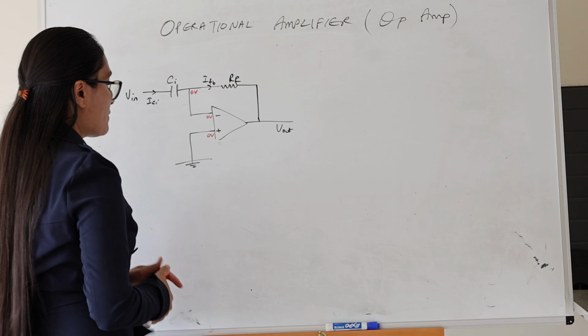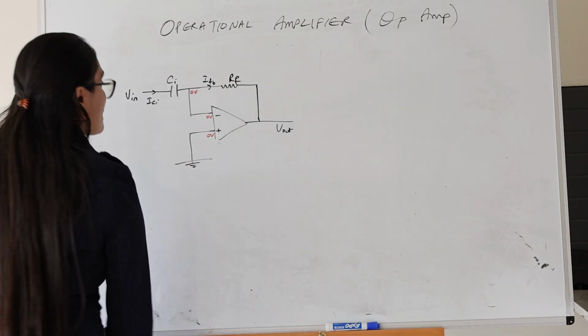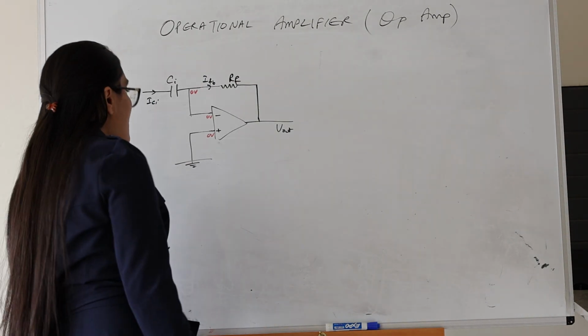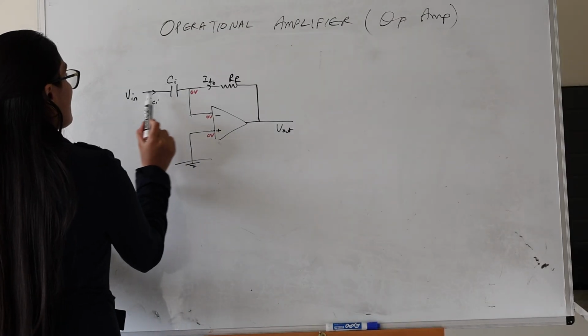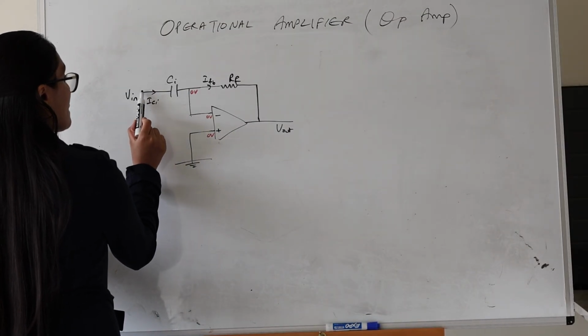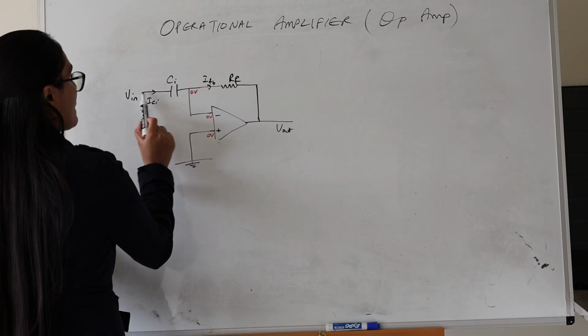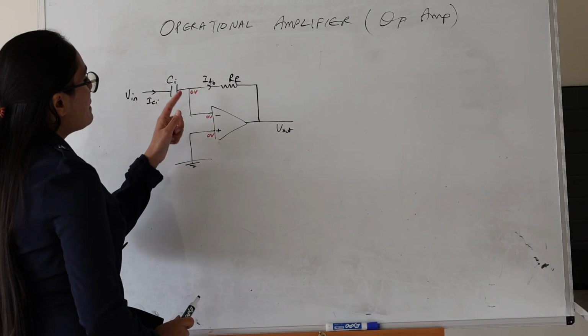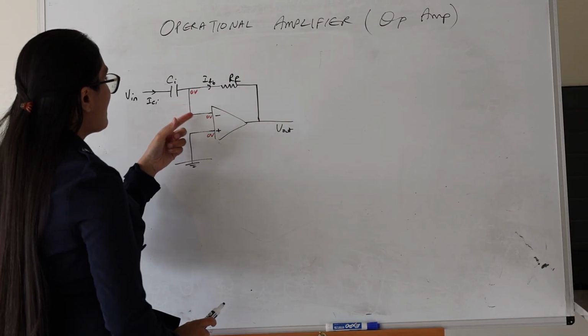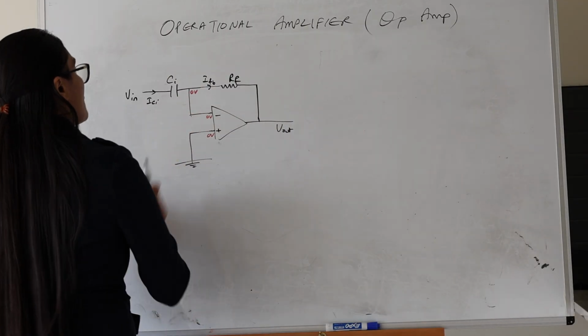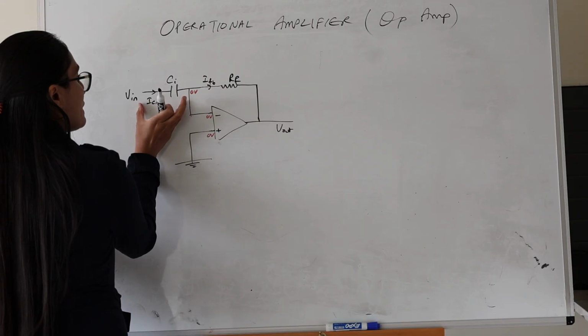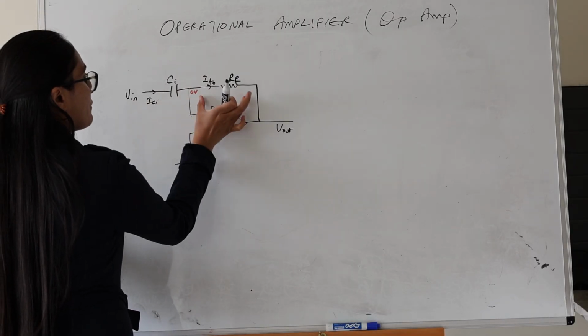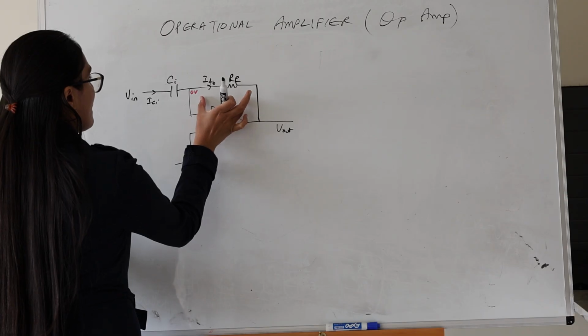That's what we know from the rules about the ideal op-amp. Next, since this is some voltage and this is 0, there's going to be current that flows through this capacitor. Now, the second rule of op-amp says no current flows through the op-amp. Therefore, whatever current flows through here, the same amount of current will flow through this resistor.